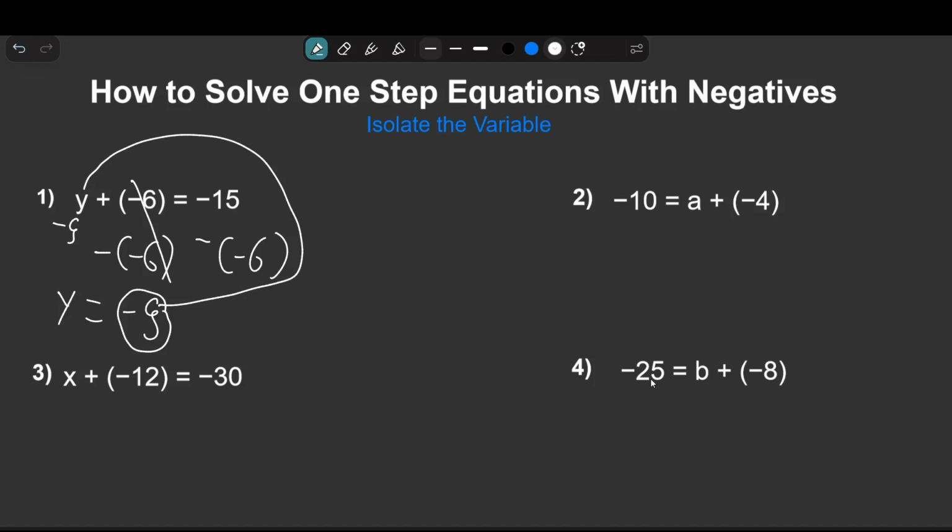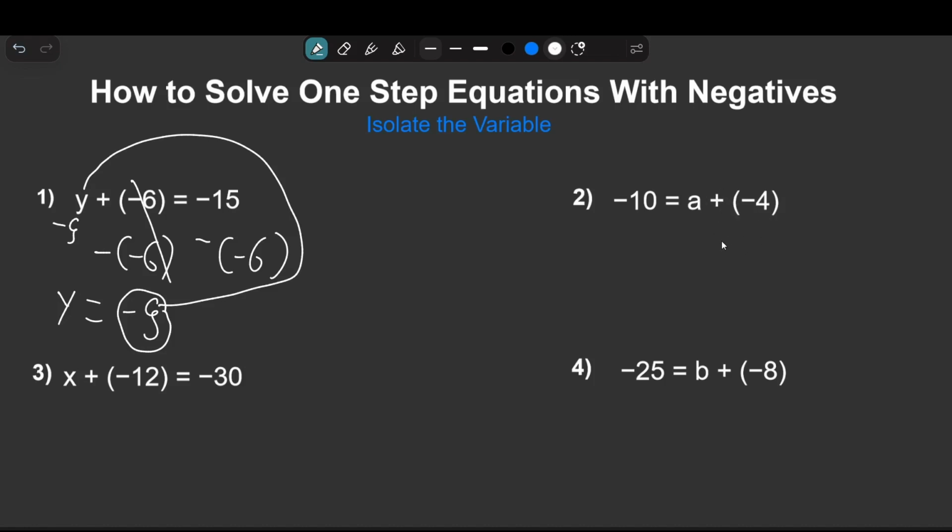Now let's go over to the second example, where we have minus 10 equals a plus minus 4 in parentheses. So to do this again, we have to isolate our variable. We're going to isolate our variable by doing minus 4. So we have to inverse our operation again.